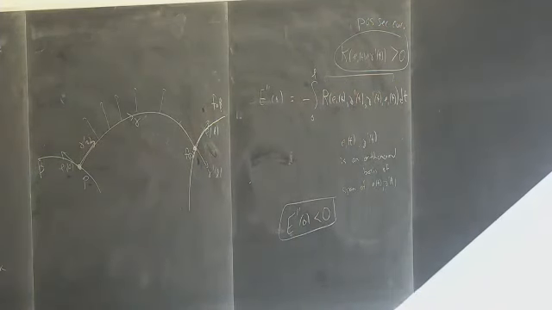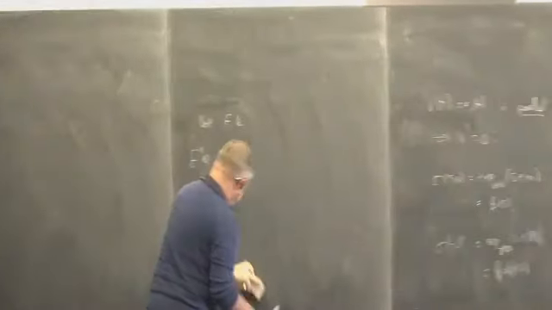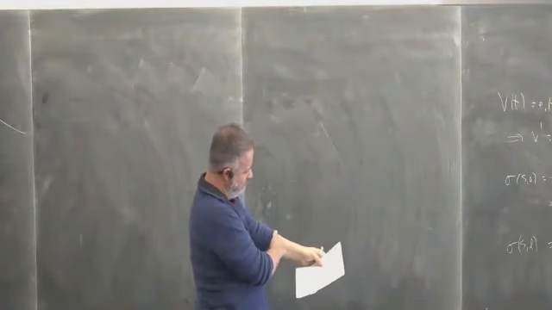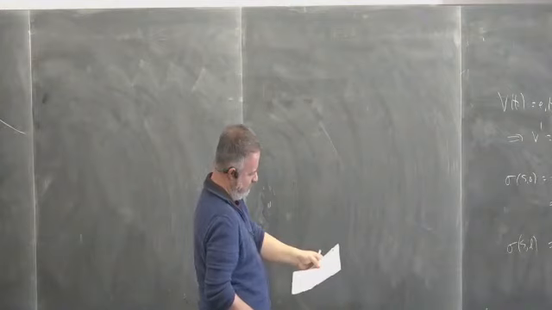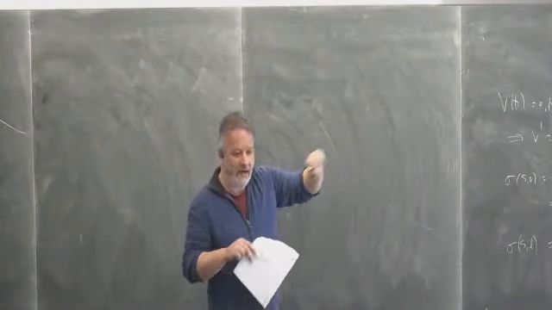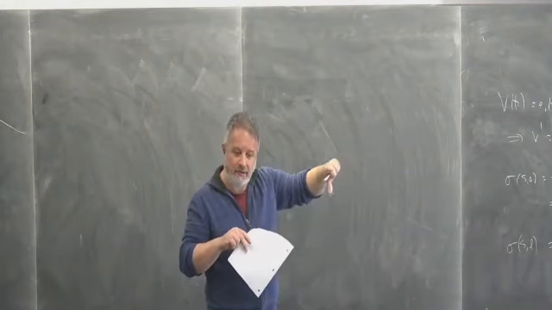Now, why does that give us a contradiction? It's not quite as immediate as it was in the Bonnet-Myers theorem, because this variation is not proper, right?